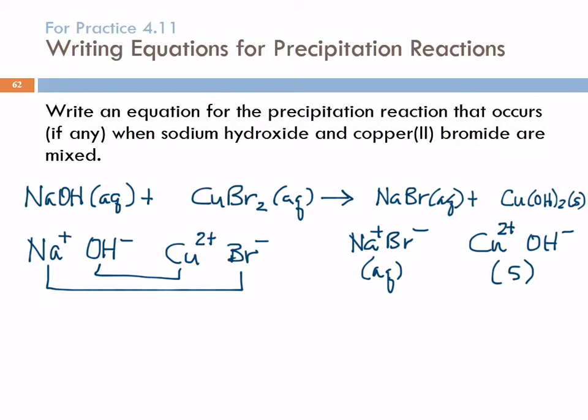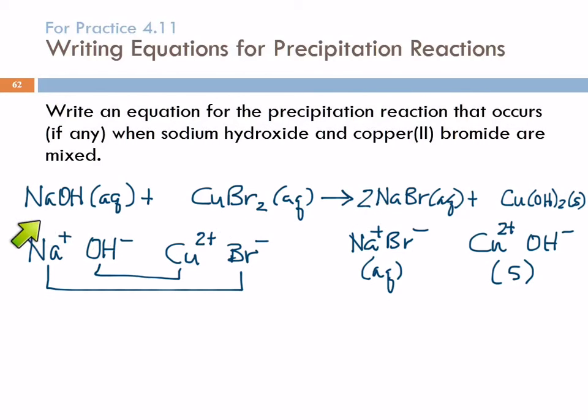Are we done? No, we have to balance it. What's an ion that is not balanced? Sodium's balanced. The bromide isn't. So here we've got Br2, 2 bromides, and here we only have 1. So we need to put a 2 here to balance the bromides. But that messed up sodium, right?